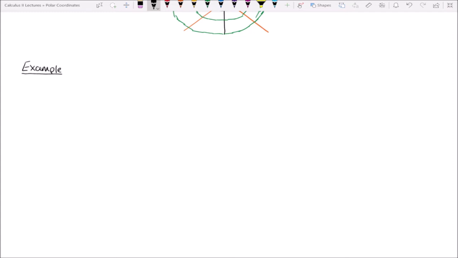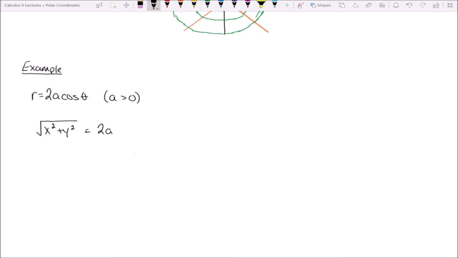So let's take a look at the polar equation given by r equals 2a times cosine of theta, for a larger than 0. We want to represent this in rectangular form. So start with what we have. Well, we know that r is the square root of x squared plus y squared. That's going to equal 2 times a cosine of theta.